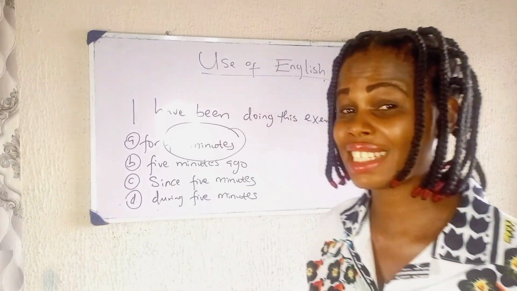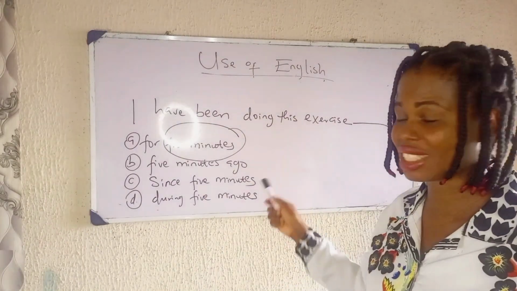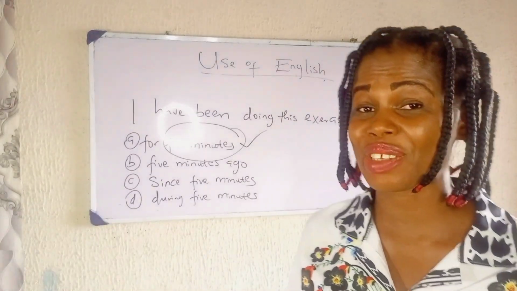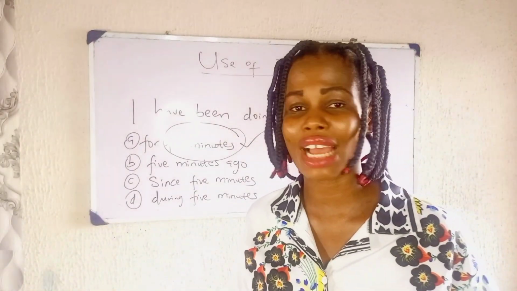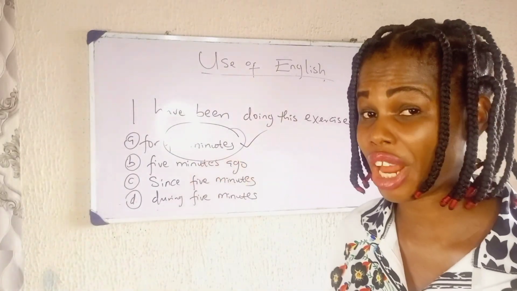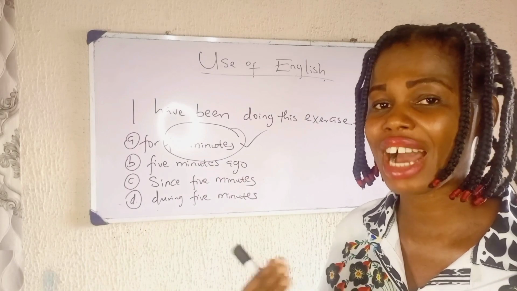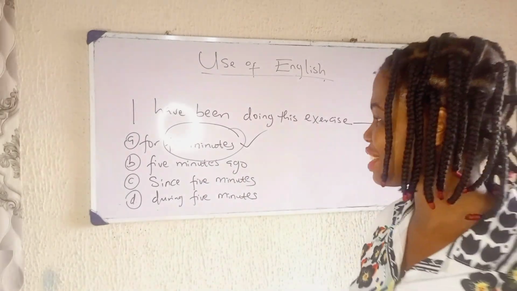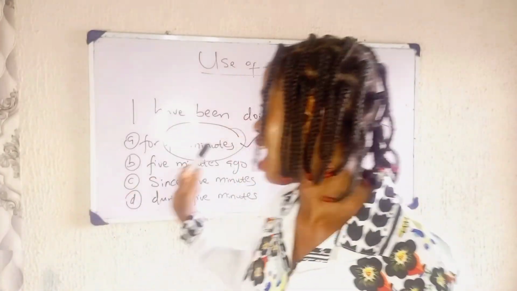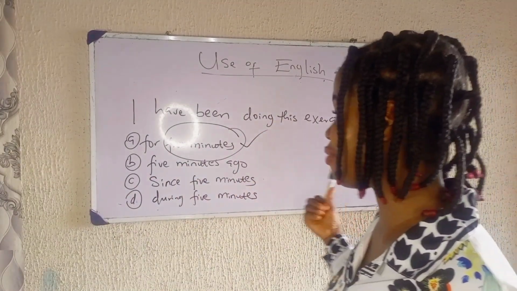So the right answer is option A, because it answers the question for how long and not at what point or when. So the correct answer is option A. I've been doing this exercise for 5 minutes.